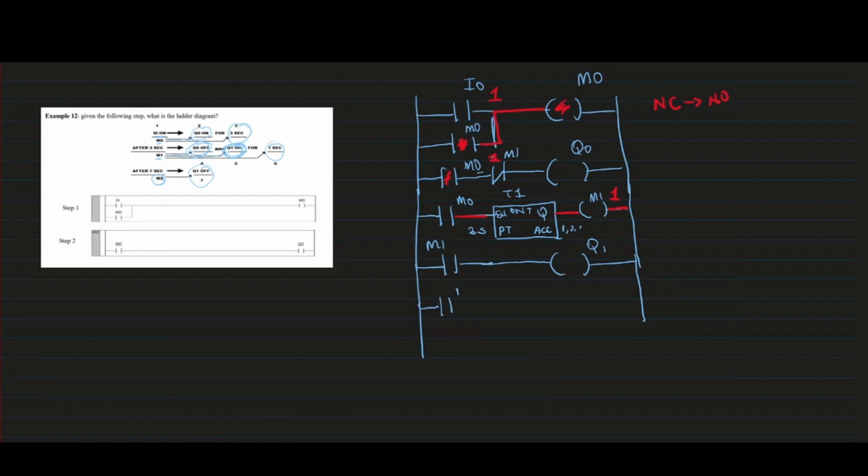So we want a timer that starts as long as M1 comes on. So we're going to use an on-delay timer. This is the EN, this is the Q, this is the preset value, and this is the accumulator. Now, the preset value is 7 seconds. Let me name it T2, the timer. And the output is going to be M2.